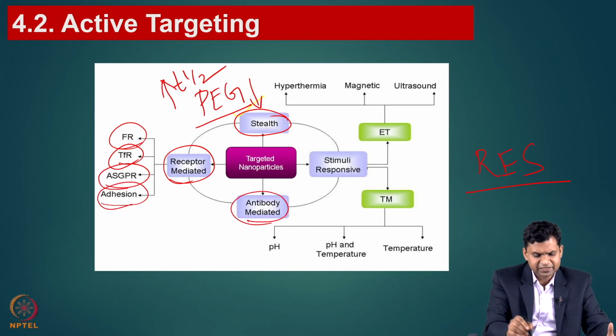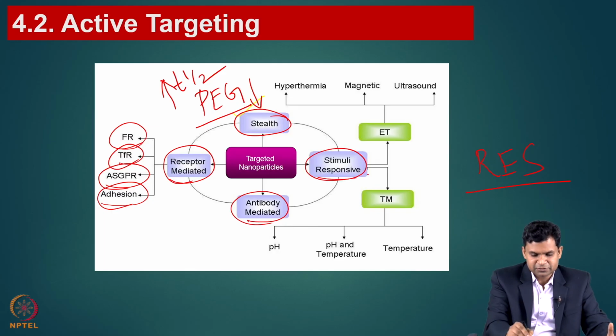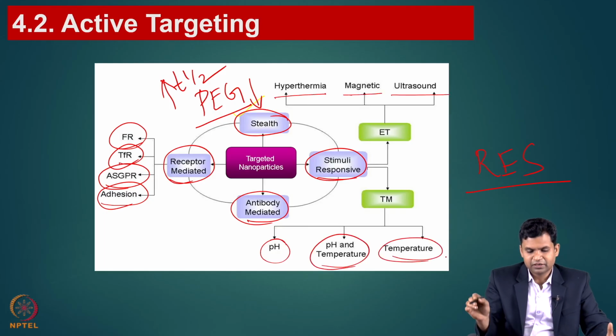Now, antibody mediated targeting: we have seen in the previous slide that the HER receptor can be targeted by using antibodies. Stimuli response is also possible by using hyperthermia, magnetic properties, ultrasound properties, and also pH and temperature.